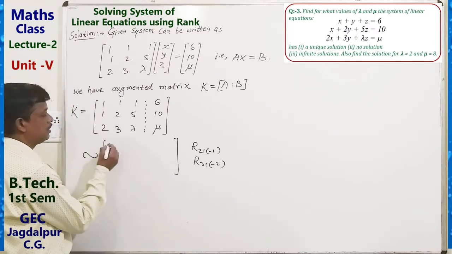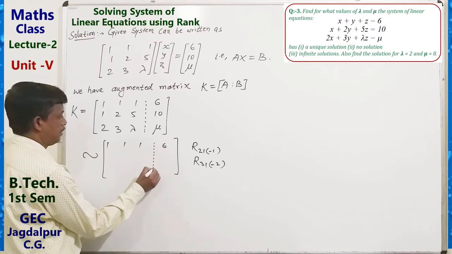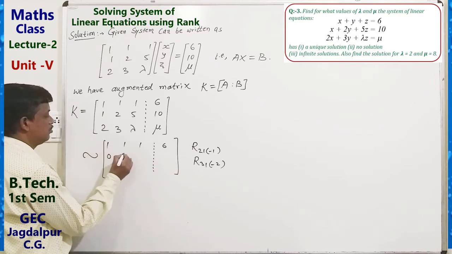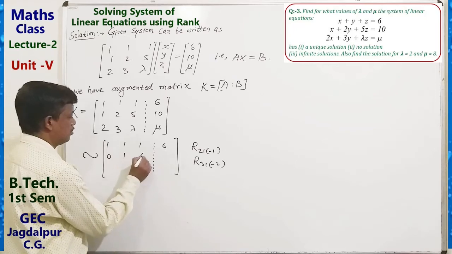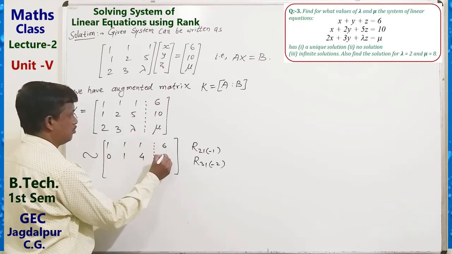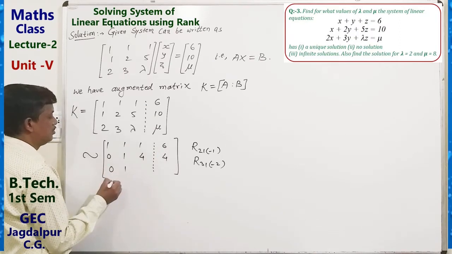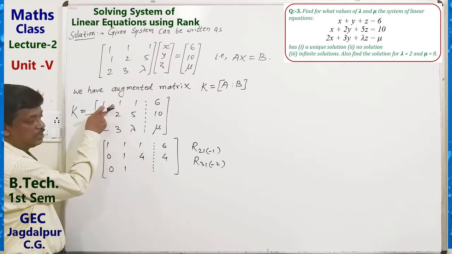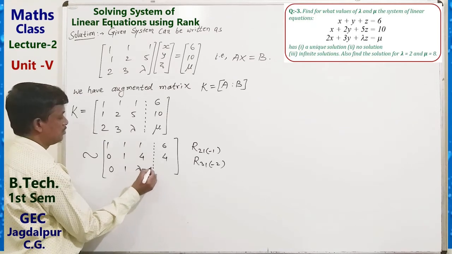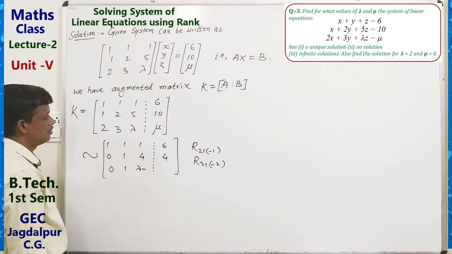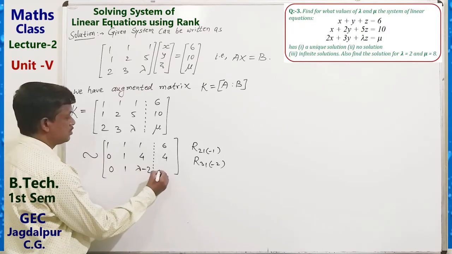So we get 1 1 1 6, here 0, here 1, here 4, and 4, and here 0, 1, lambda minus 2, and here mu minus 12.